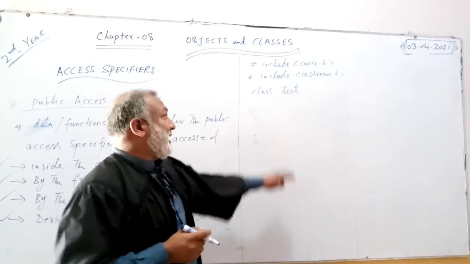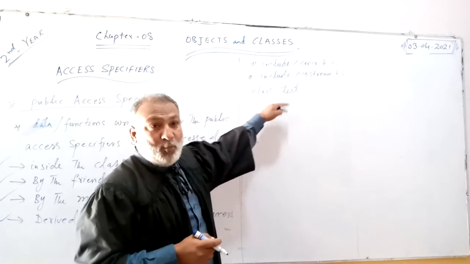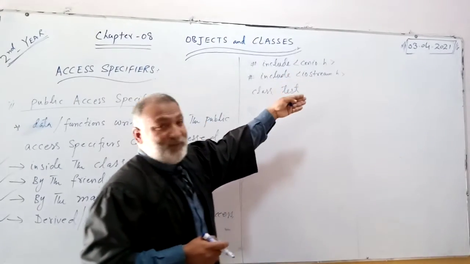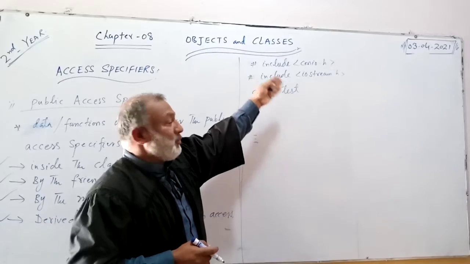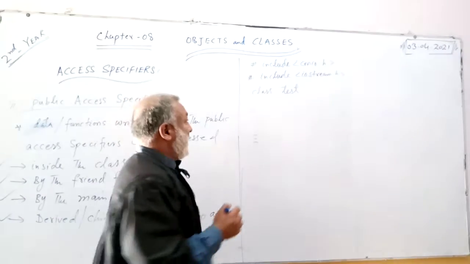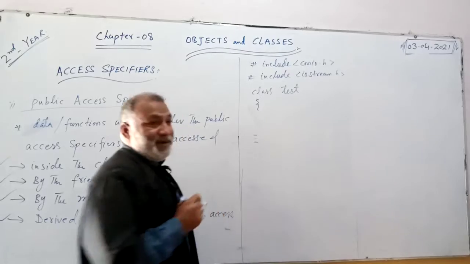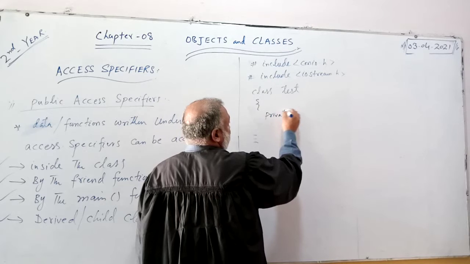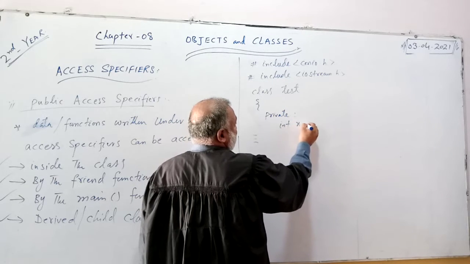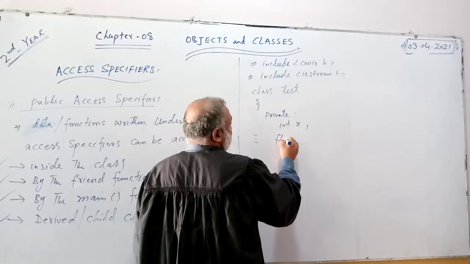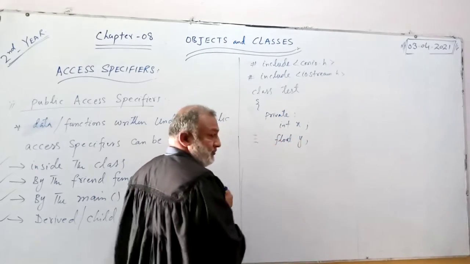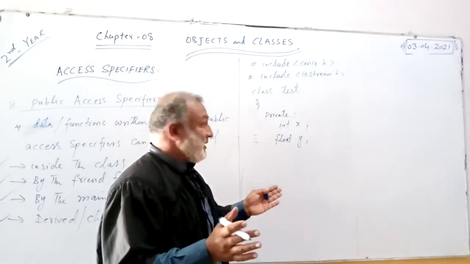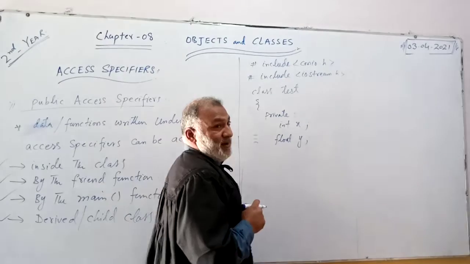Again, we have created a class by the name of test. Above the class, you know very clearly, we have header files: iostream, conio.h, etc., hash include. Then inside the test class, I am again taking some members: int x, float y. I am repeating the same program written previously, but with different techniques. In the previous class, we wrote it as private.